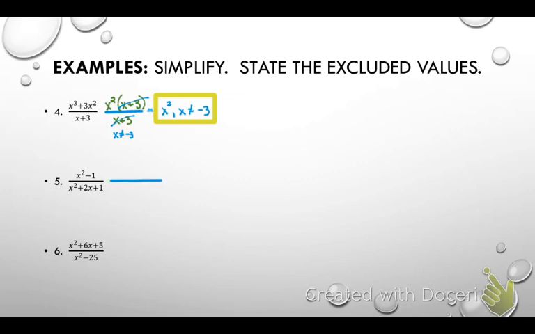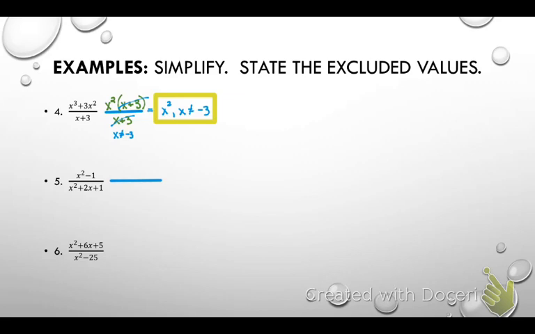Now, on number 5, the reason I factor everything out first before I state my restrictions, and definitely before I start canceling or simplifying, is this. On the bottom, I'm going to worry about the bottom first. I need two numbers that multiply together to give me a positive 1 and combine to give me a positive 2.